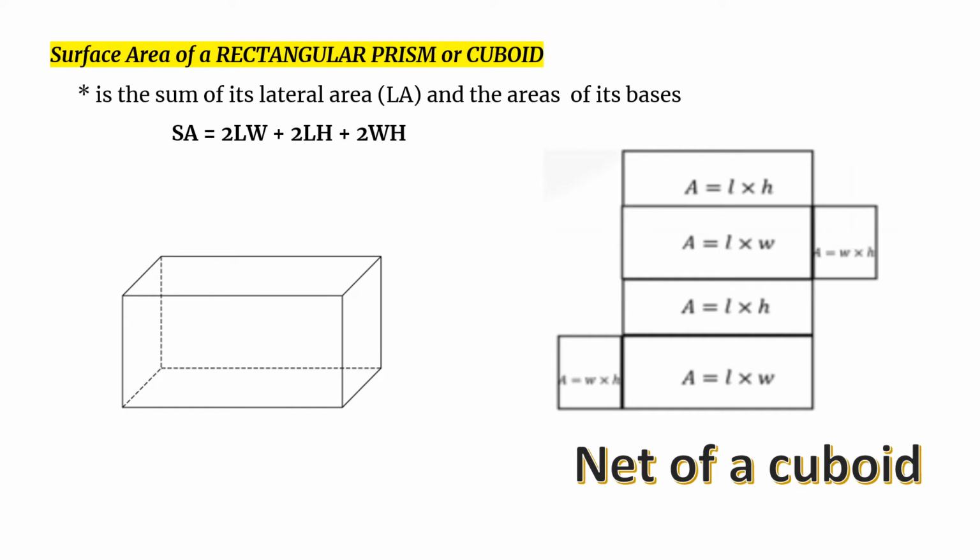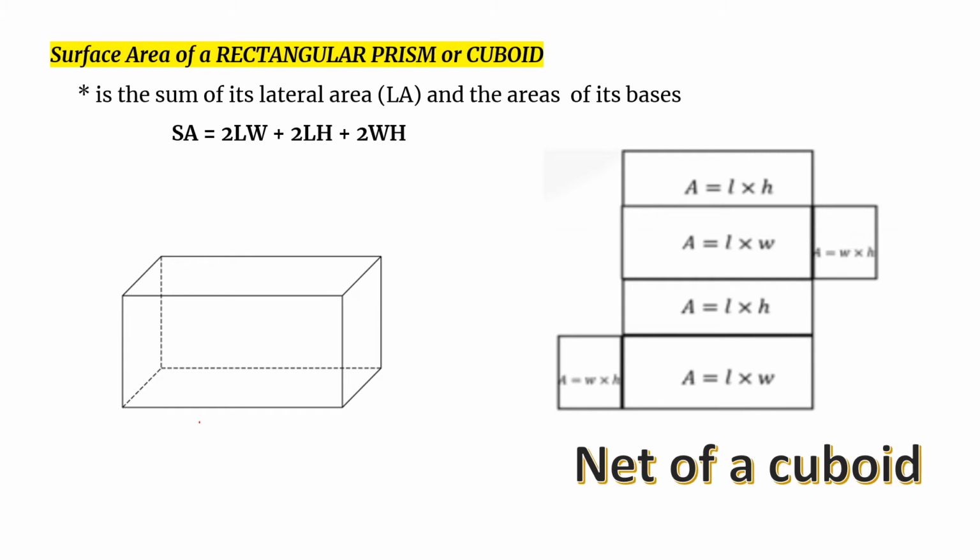Surface area of a rectangular prism, or the so-called cuboid. To get its surface area, it is the sum of its lateral area and the areas of its bases. So, para mas madali, SA is equal to 2LW plus 2LH plus 2WH. Ano ba itong L, W, and H?